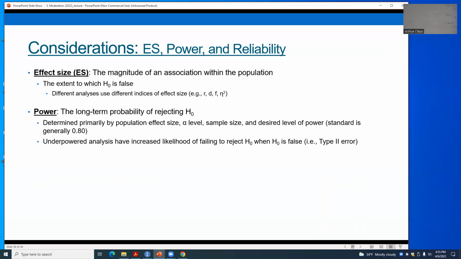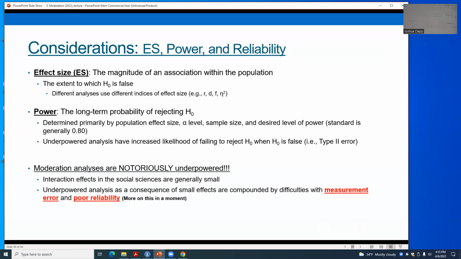Well, what happens when we have underpowered analyses, we're likely to fail to reject when the null hypothesis is false, right? There's an effect out there, we just couldn't claim evidence for it. The issue, when we're thinking about effect size and power, is that our moderation analyses are almost always going to be underpowered, okay?